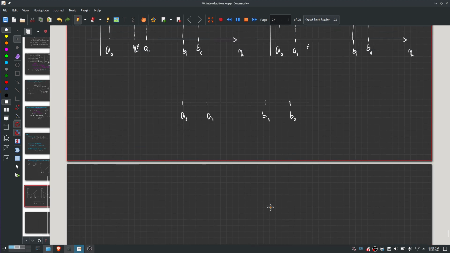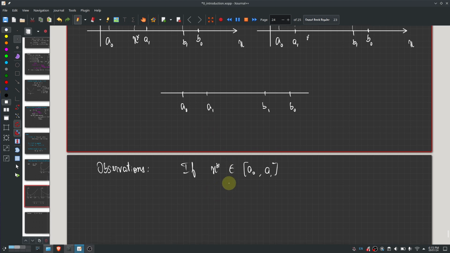So let's just write down our observations. If the minimum x star is between a0 and a1, then f of a1 is less than or equal to f of b1 less than or equal to f of b0.